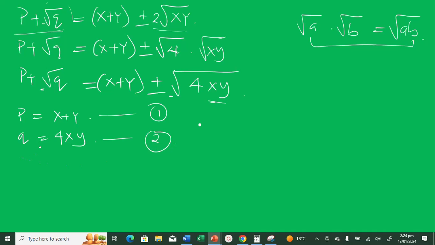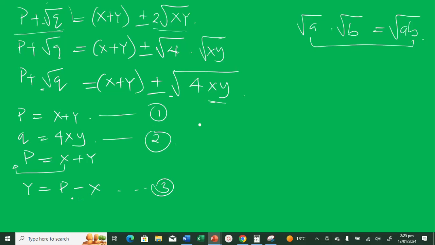Now from equation 1, we have p is equal to x plus y. If you move this x to the other side, you now have y is equal to p, and there is an imaginary plus here, so when it moves to the other side, it becomes minus x. This is equation 3. That is what we did here, making y the subject of the formula.